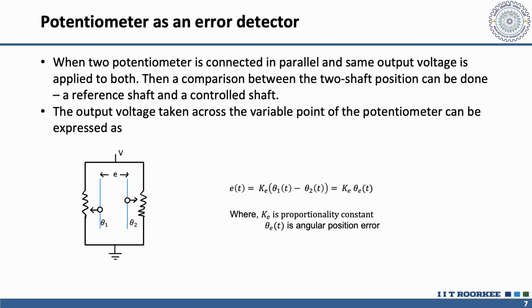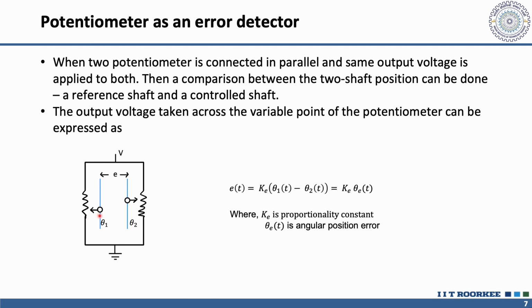Now let's understand how the potentiometer can be used as an error detector. When two potentiometers are connected in parallel and the same input voltage is applied to both, then a comparison between two shaft positions can be done, that is between a reference shaft and a controlled shaft. Let's understand this with the help of this circuit diagram.